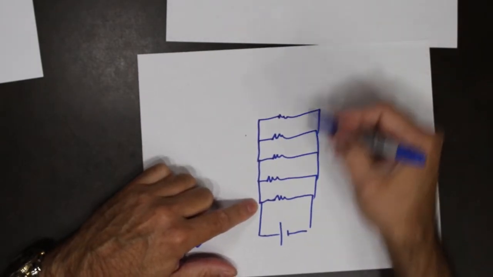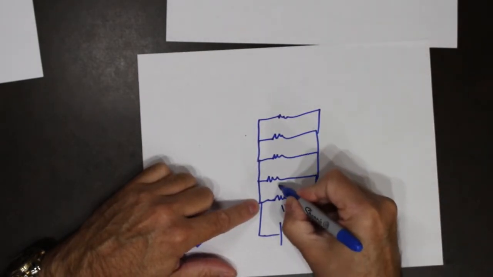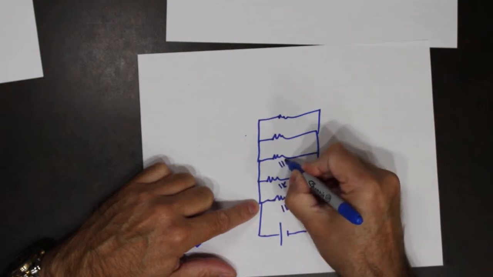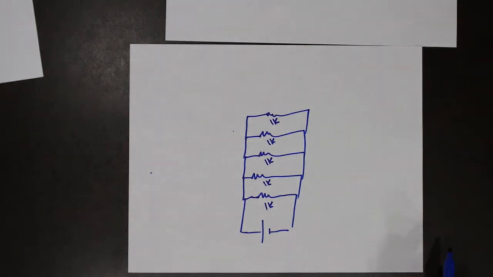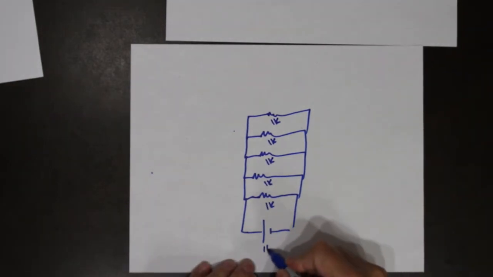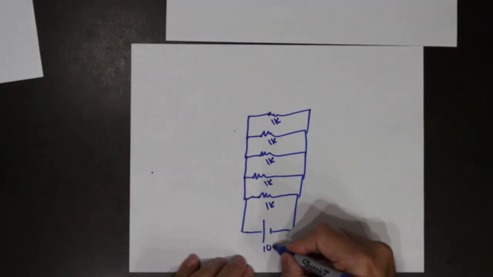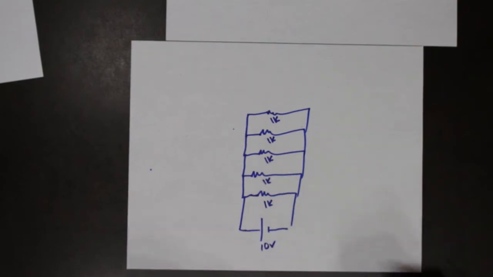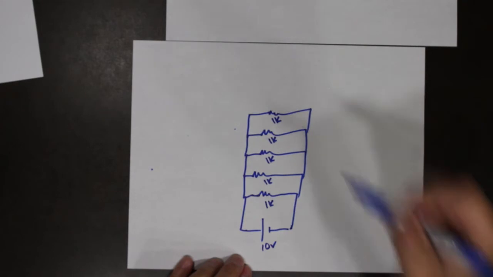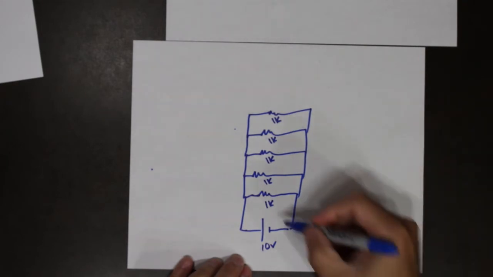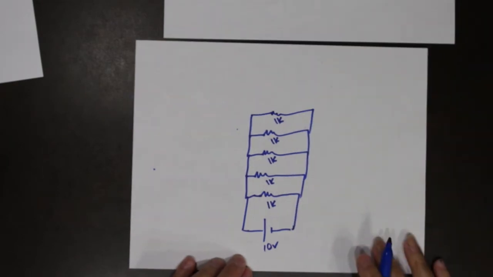All resistors in parallel, all of the same value. In this case, I've got 1, 2, 3, 4, 5 resistors, all of the same value.